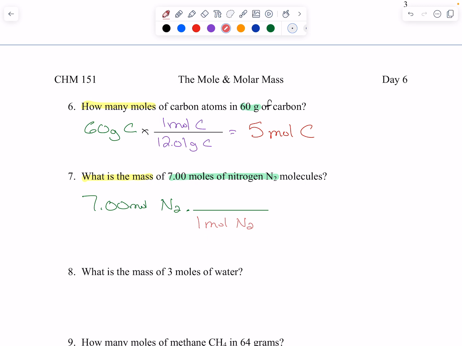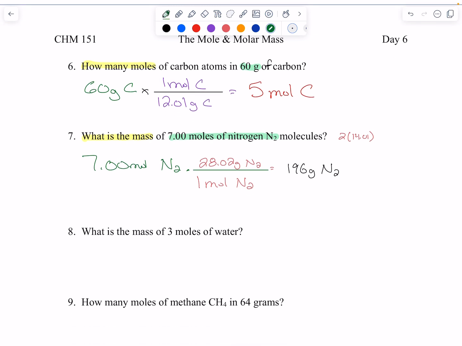And then on top, well, molar mass of N2. That's 2 times 14.01 for nitrogen. All right, and so that would be 28.02. And so if we do that, I get 196 grams of N2. All right, and since I have 7.00, I get 196 grams. I get to keep all 3 of those. How nice.